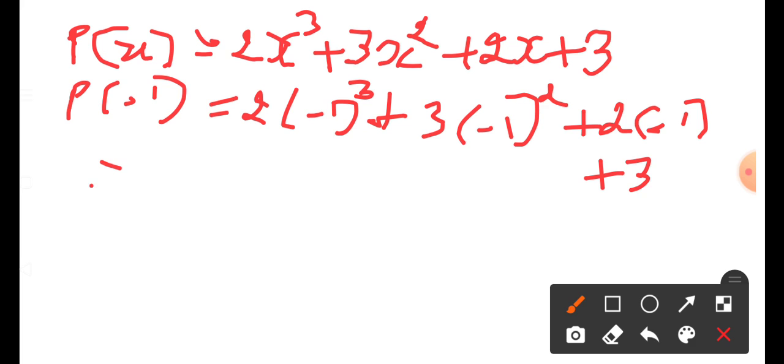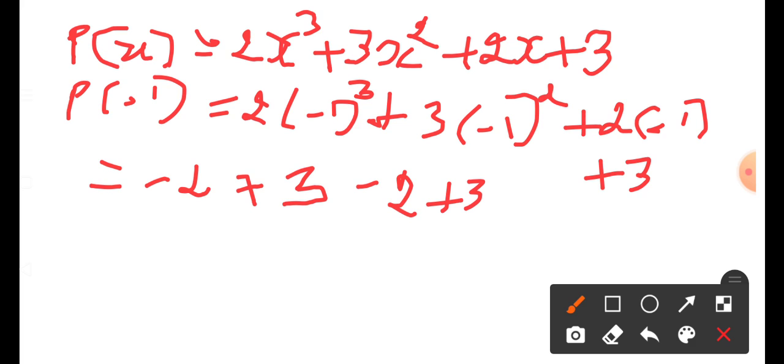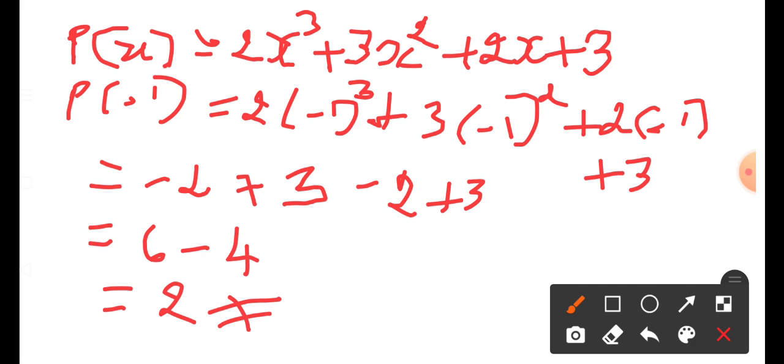Now 2 into (-1) whole cube, that is -1 into -1 into -1, -1, into 2, -2, plus 3 into (-1) whole square, so 1 into 3, 3, plus 2 into -1, -2, plus 3. So 3 plus 3, 6, -2, -2, -4. This is equal to 2. This is not equal to 0. So -1 is not a root of the given polynomial.